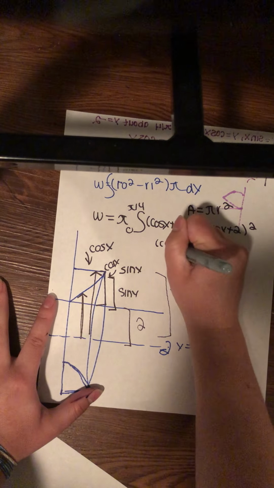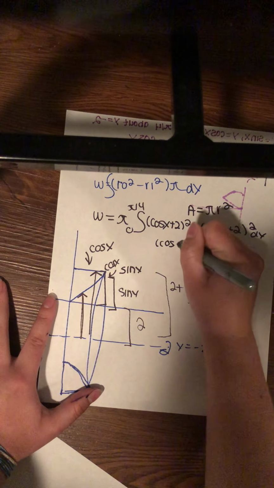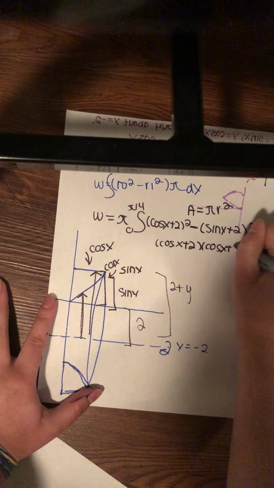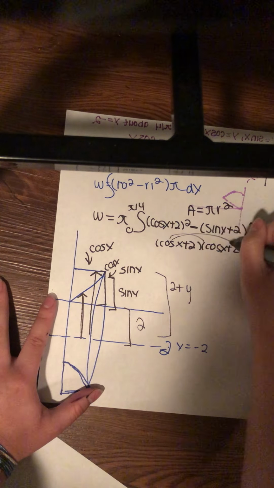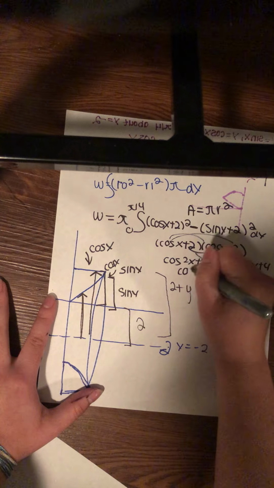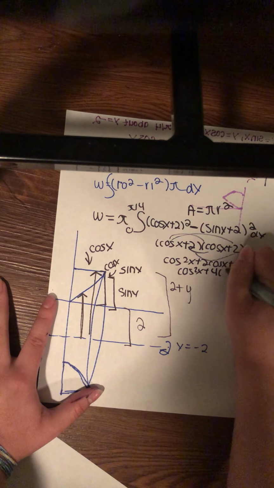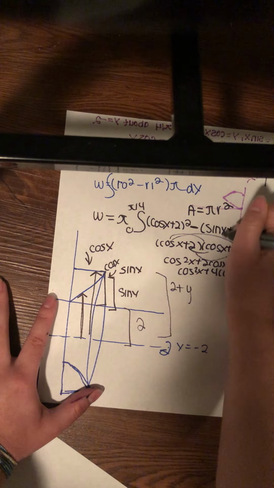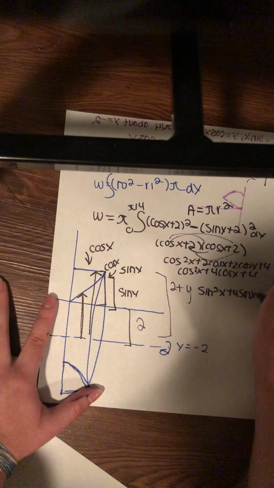Now, to simplify this integral, dx, you square it by the foiling method, which means you FOIL and you multiply each component of the parentheses to get cos squared x plus 2 cosec plus 2 cosec plus 4, which would go cos squared x plus 4 cosec plus 4. And we do the same with sine, and that's going to be the same thing except for the fact that it's going to be sine instead of cosine.